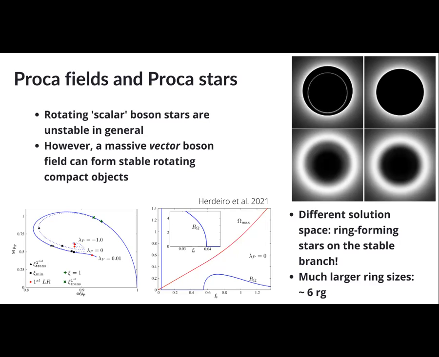In this case, for Proca stars, there are members of the stable branch for which the maximum of the rotation velocity profile can have sizes that are comparable to black hole shadows.